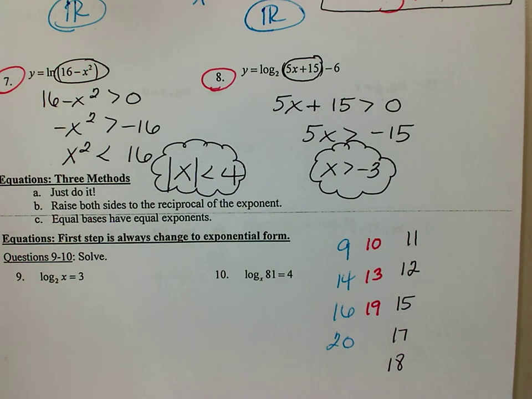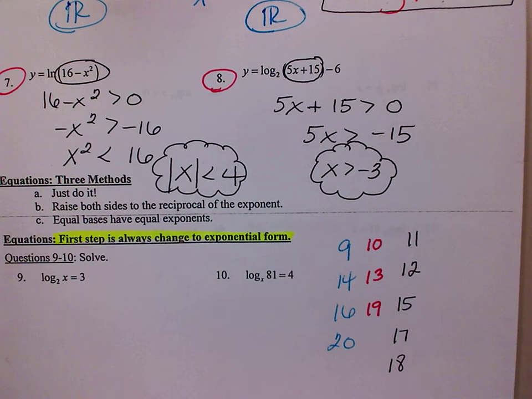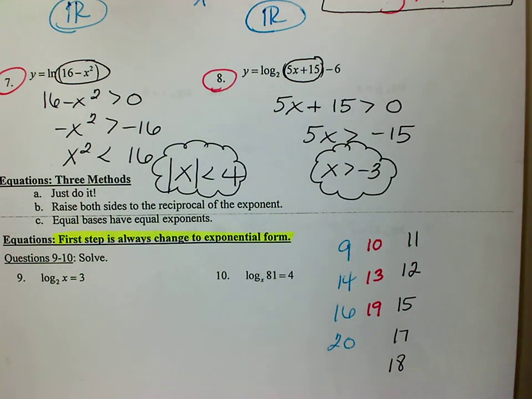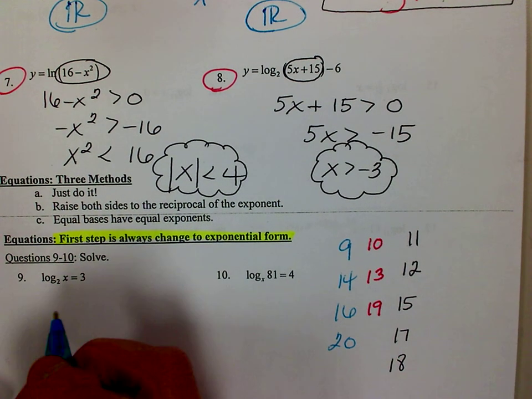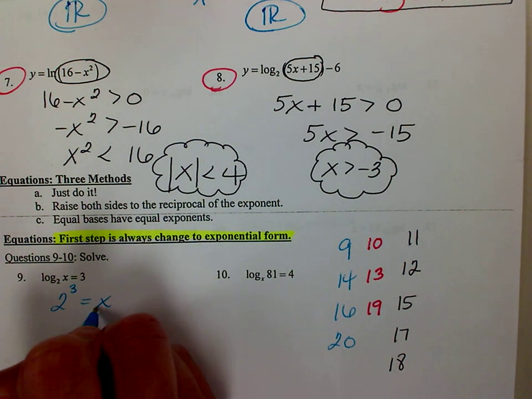Okay, so now that I have them broken up, let's go ahead and see how to do these problems. Okay, so the first thing you want to do, it says so right here, the first step is always to change to exponential form. So we're going to do that. So in number 9, I'm going to rewrite this as 2 to the 3rd power equals x.